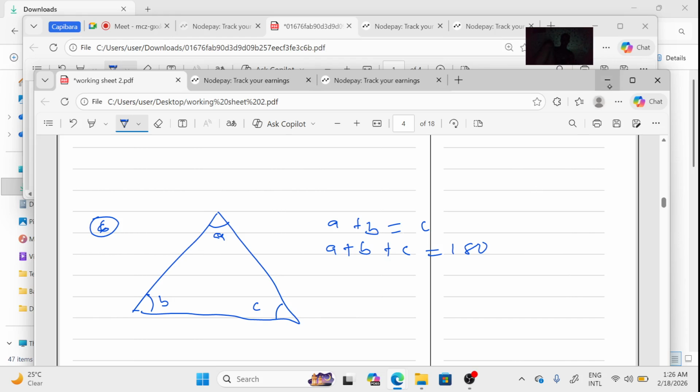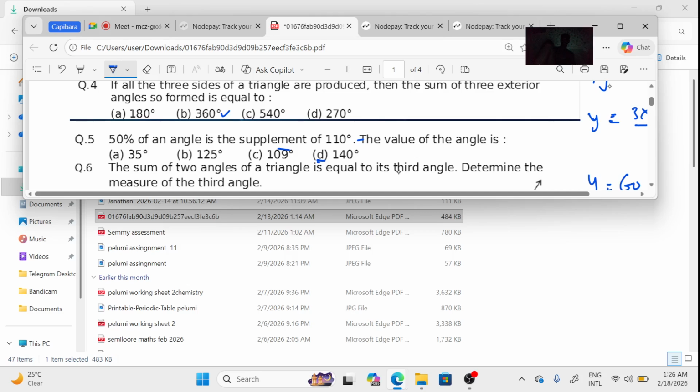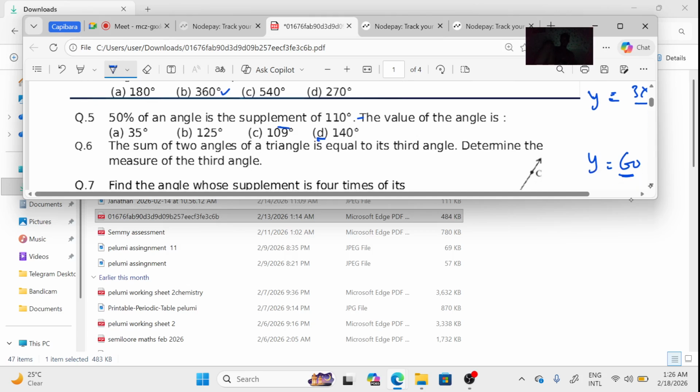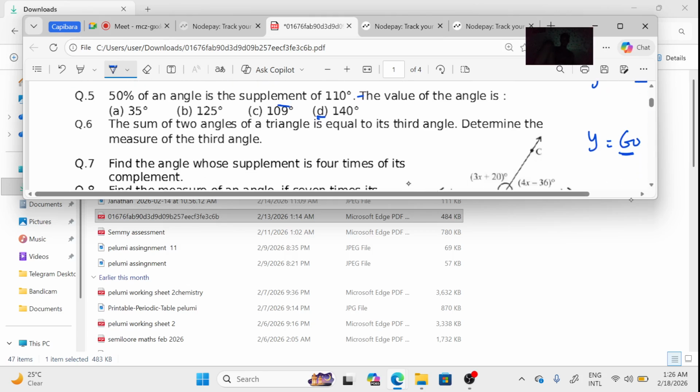So, how do you do that? Oh, this time around they are not adding options. I love that. The sum of two angles of a triangle is equal to its third angle.